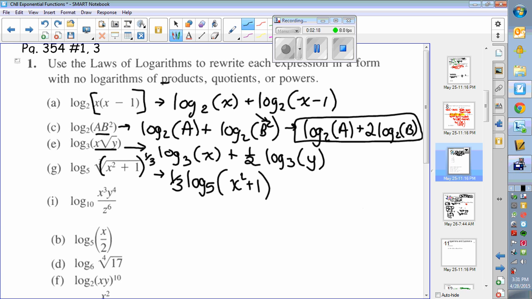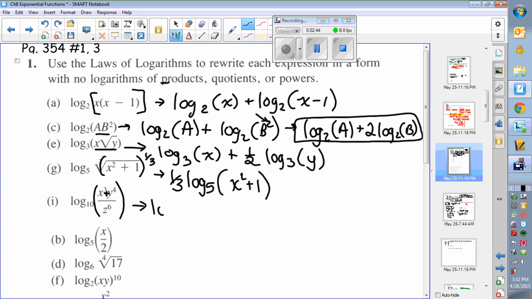Okay, and so we've written it that way. And we look at our next one. We have log to base 10 of x cubed, y to the 4, and z to the 6. So we're going to write it as x with a plus and y to the 4, and then we're going to subtract the z to the 6, but also at the same time I'm going to move the powers out.